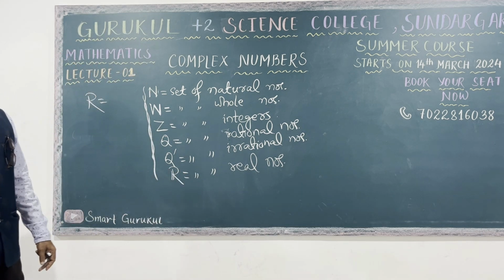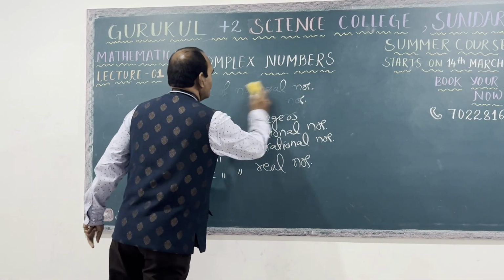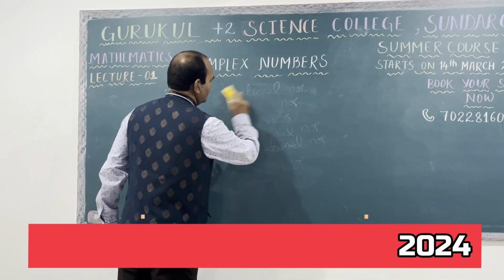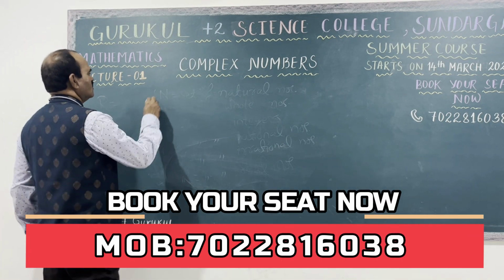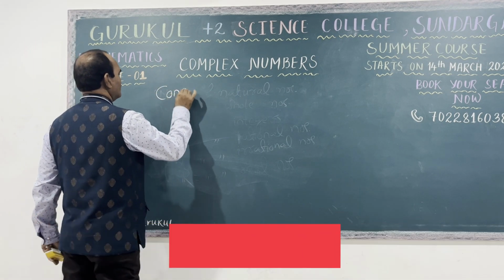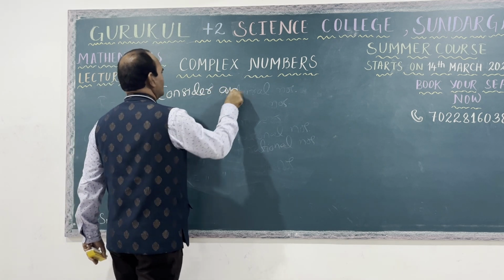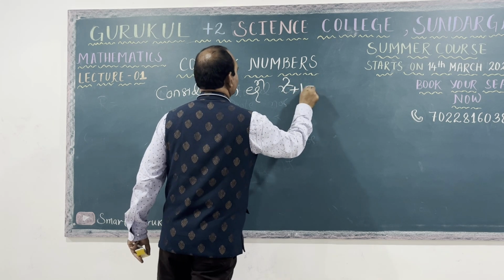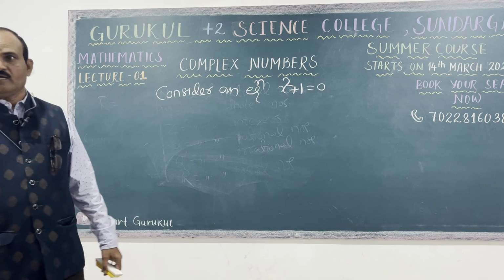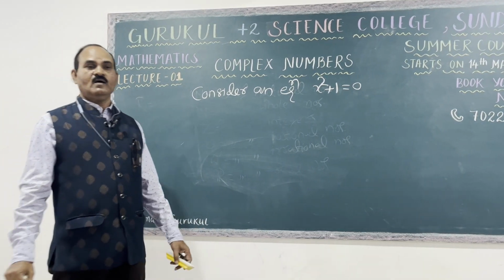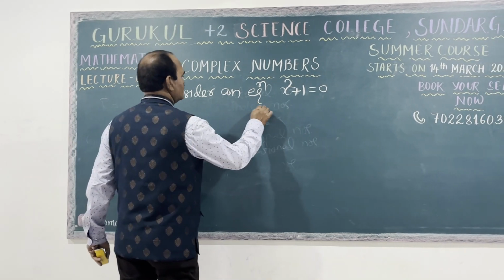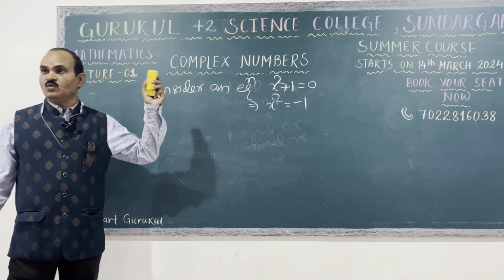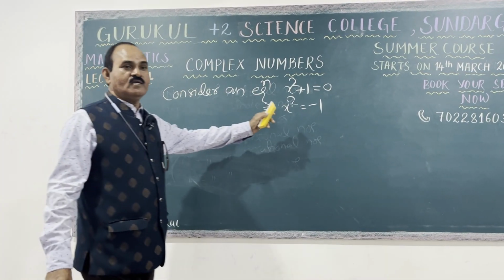Now, to see where the set of complex numbers comes in, let us solve an equation. Consider the equation x square plus 1 equals 0. So x square equals -1, and you must know there is no real number whose square is negative.